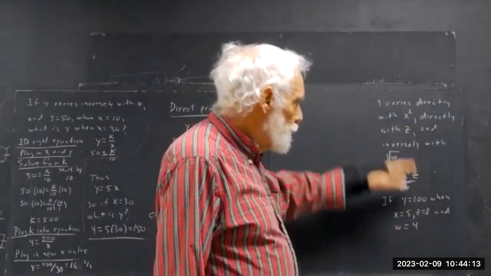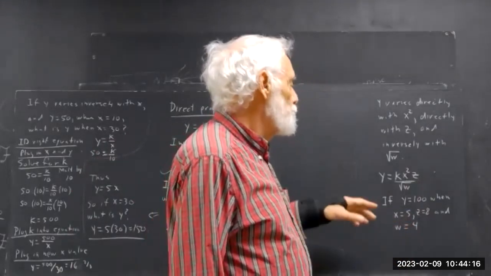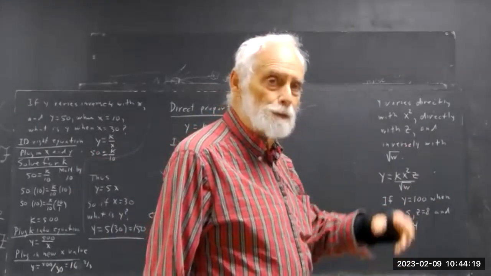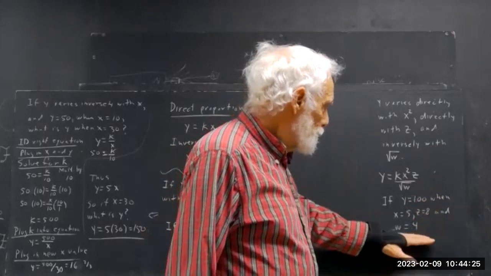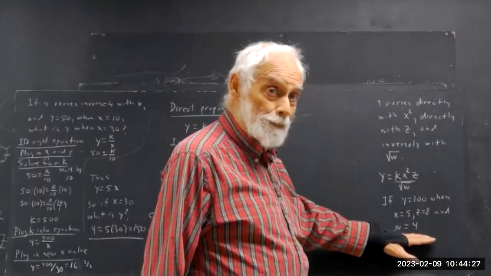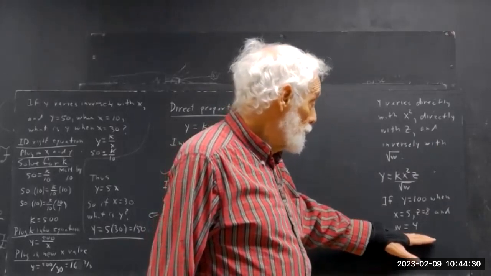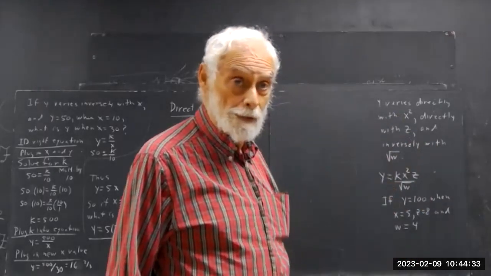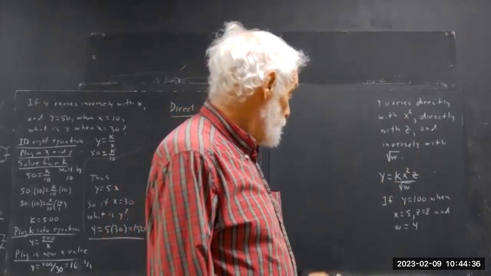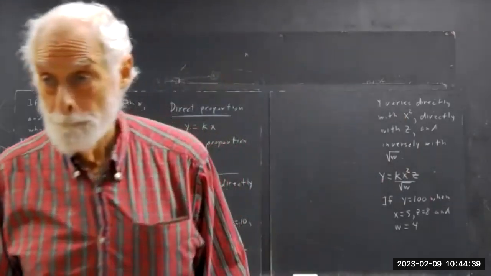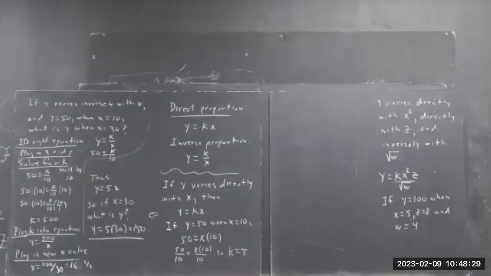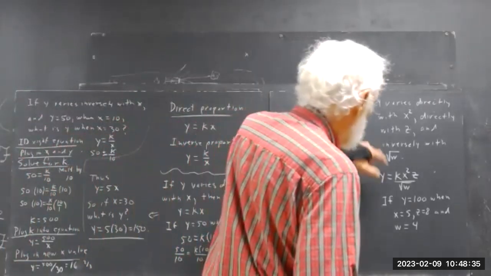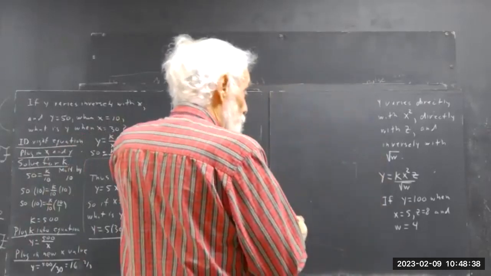If you're reading this problem, and then I say, what is y if x equals this, z equals this, and w equals this, okay? So that might be here. Ignore that. As soon as you get here, there's something you can do, because as soon as you get here, you've got numbers you can plug into this. So plug your numbers into that. See what happens. A little bit short on time here, so let's move on through this.